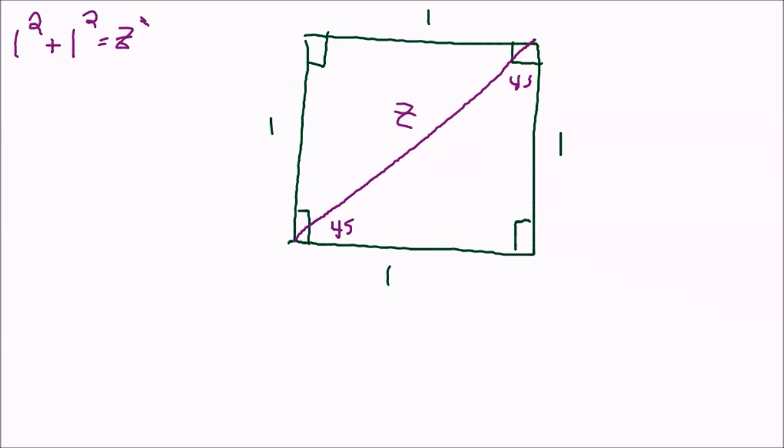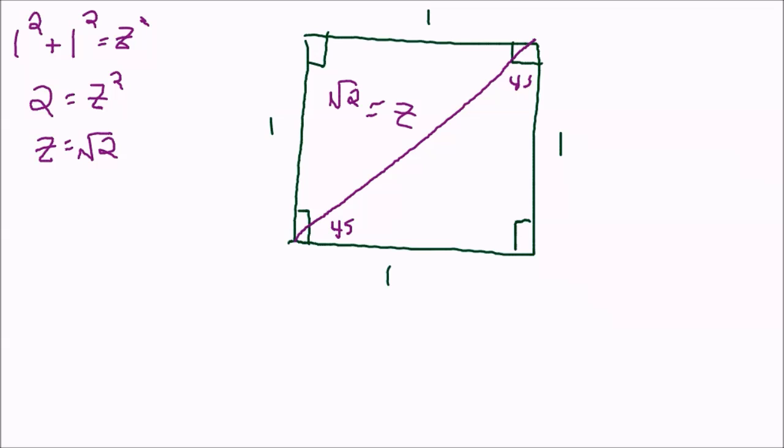So this is going to be 2 equals z squared. So the hypotenuse is going to be the square root of 2. So now that I have the hypotenuse, we have the triangle. I have a 45, 45, 90 triangle with the sides 1, 1, square root of 2.